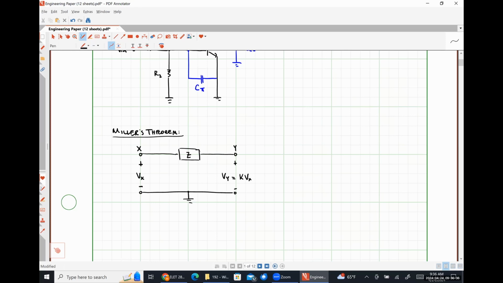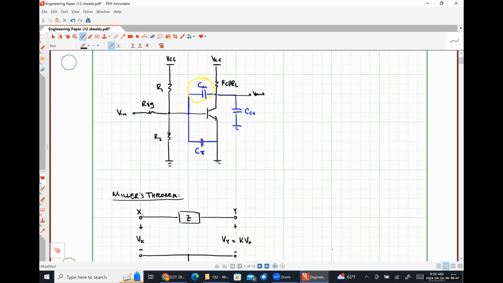In the context of our circuit, this Z is effectively playing the role of the capacitance C mu, right? So it's what's connecting the node X where we had our Thevenin voltage to the node Y where we took our output.